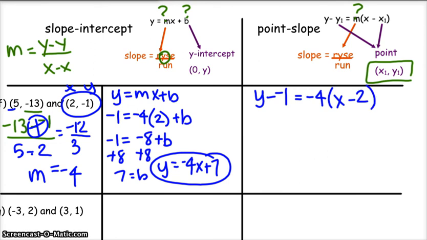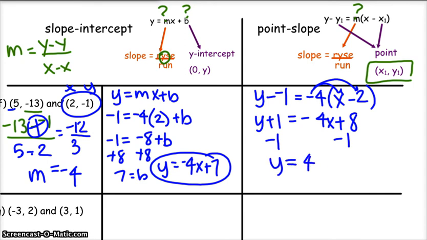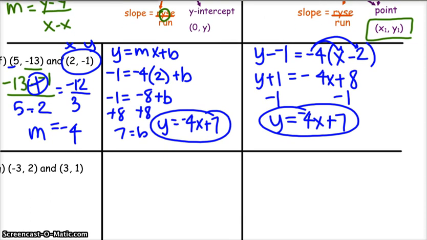I'm going to clean this up first and distribute. Get the y by itself. Y equals 4x plus 7. Oops, -4x. And then I need you to do letter G in your notes and complete the worksheet. Please let me know if you have any questions.